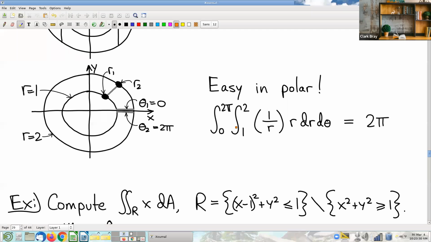It's very easy in polar coordinates. No problem at all. Theta goes all the way around, 0 to 2 pi, right? Then you say, okay, well, I'm going to fix a value of theta. Let's arbitrarily say something like that. For that value of theta, here's what my theta slice looks like.